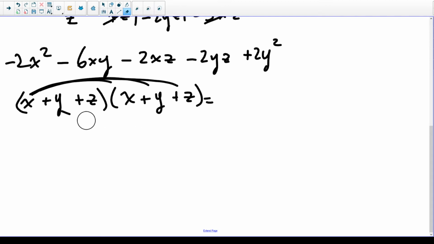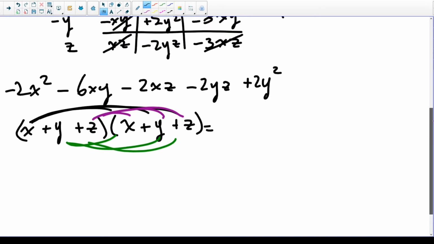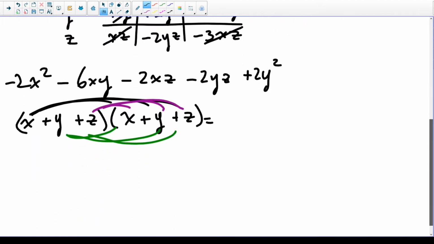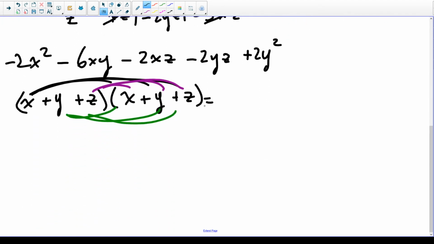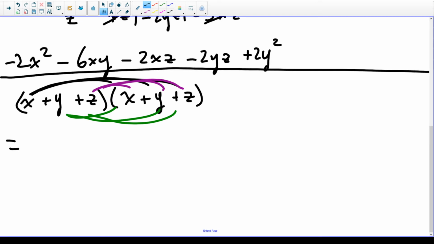Actually, let me use different colors to show. Okay, so I'm going to do multiple distributivity instead of setting up my grid, just to show you the difference between the two. I'm probably going to need more room, so I'm actually going to do this on the next line here. And let me separate those so that they don't look like they're the same equation.